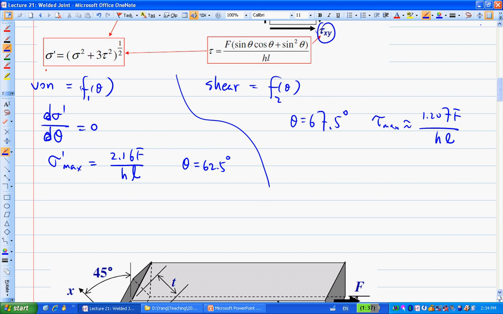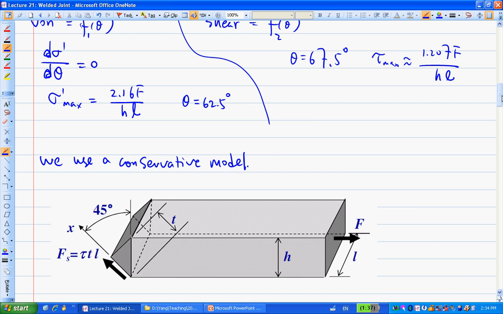So in practice, we get rid of the limitations of theoretical results and use an empirical, so-called conservative model, which I'll show you next. So what's this conservative model? We cut it at 45 degrees, basically theta equal to 45.